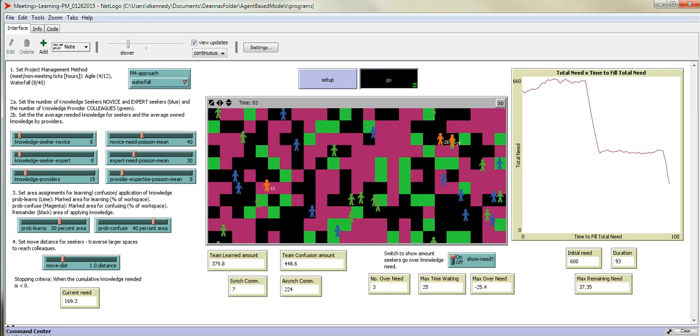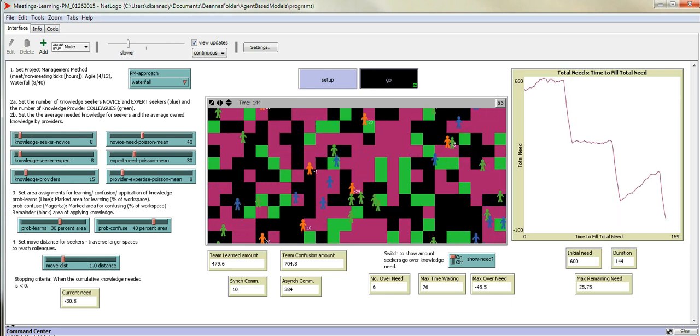Initially there were 600 units of information need, and you can see again an uptick at a lot of times when they are working on their own. This took 144 hours or ticks, and somebody still needed about 26 units of information, but in total the team was over by about 30 units.